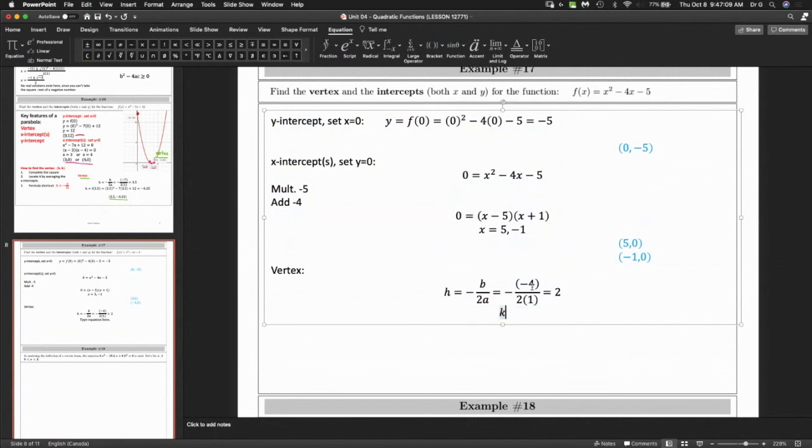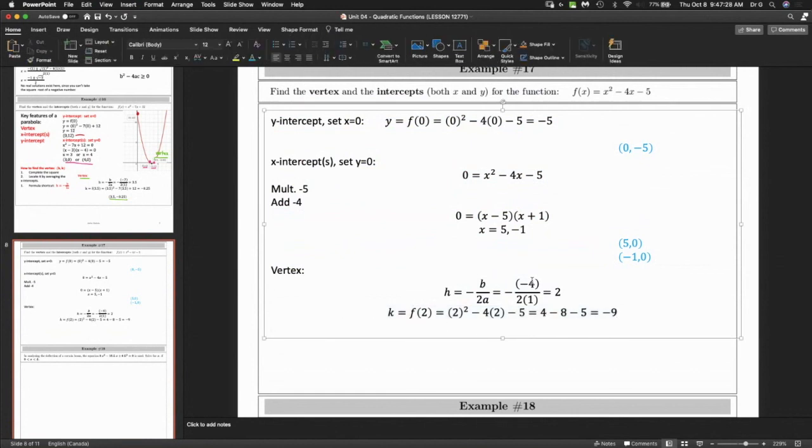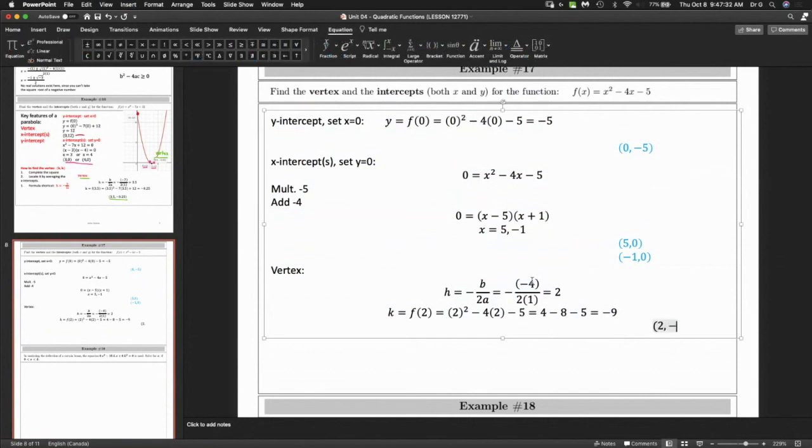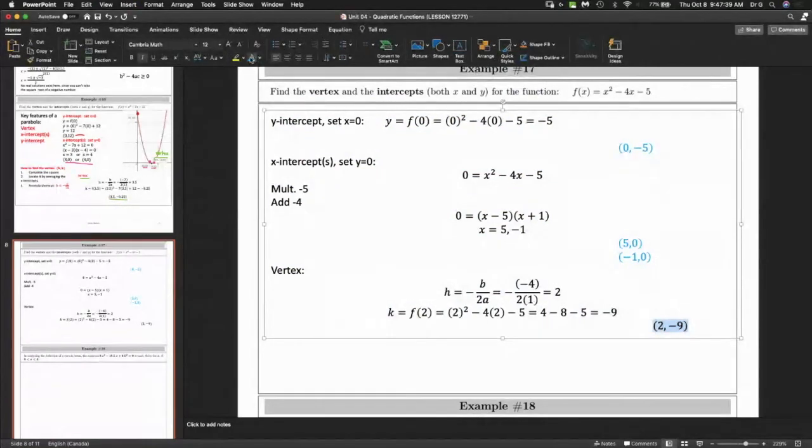And then you get k by plugging in 2 into the original equation. Hopefully people are checking my numbers here and keeping me honest. Can someone confirm the vertex is the same? They agree? Anybody agree with my vertex?